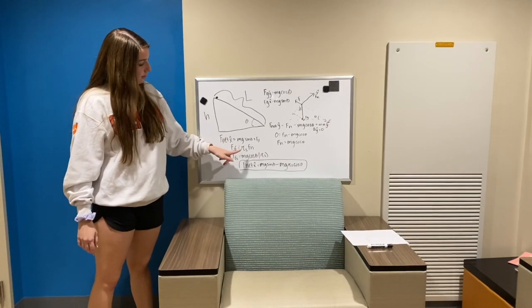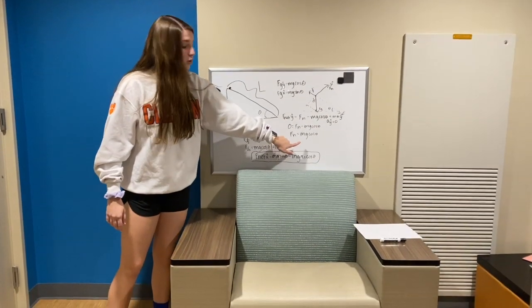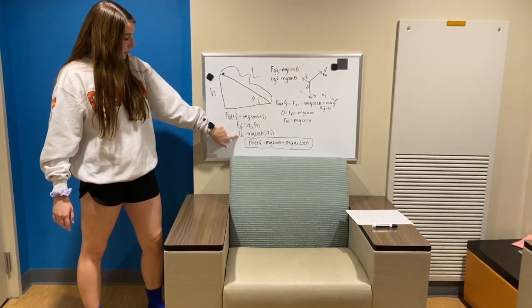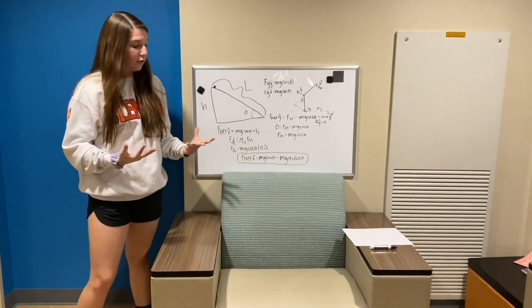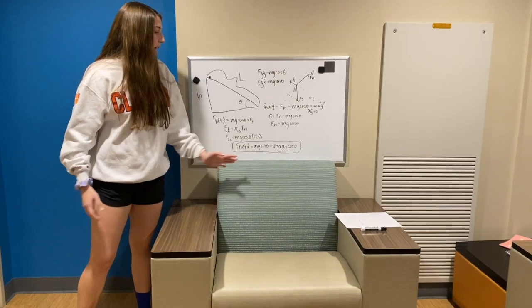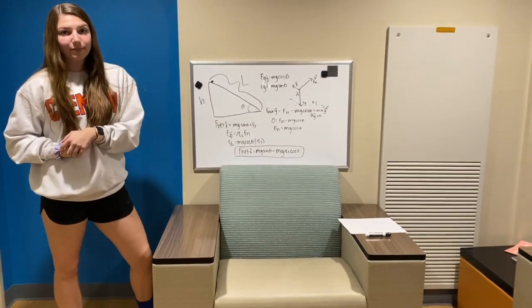Force friction is equal to the coefficient of friction times force normal. So we use the force normal we solved for earlier to find the force friction, which is mg cosine theta times the coefficient of friction. So our F net in the x direction is mg sine theta minus mg times the coefficient of friction times cosine theta.